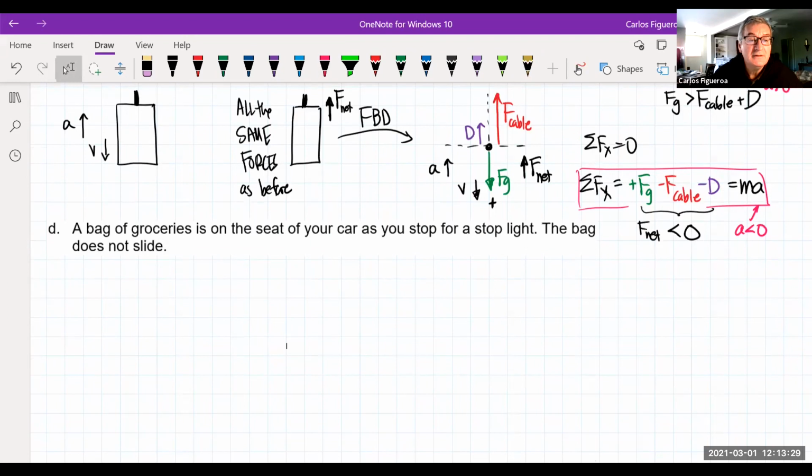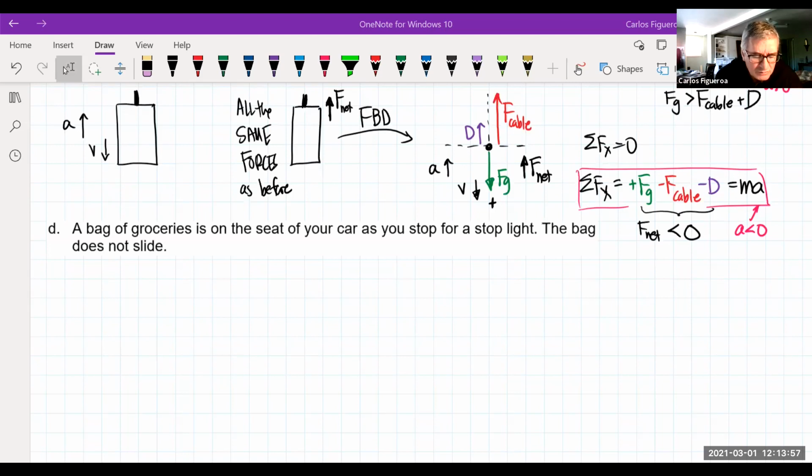So what you're seeing here is that in this scenario, what do we have? It says a bag of groceries is on the seat of your car as you stop for a stoplight. Okay, so how do I do this? So what I'm going to do here is draw a slightly different picture.